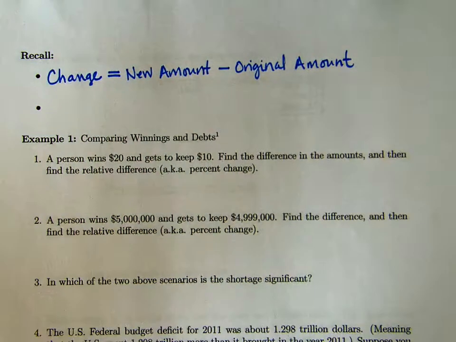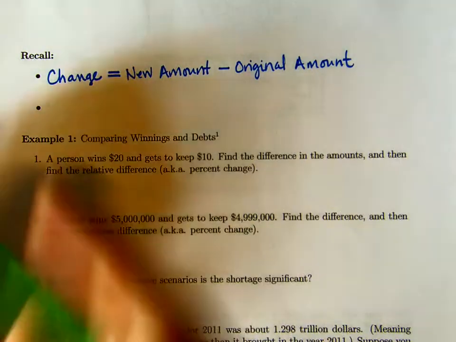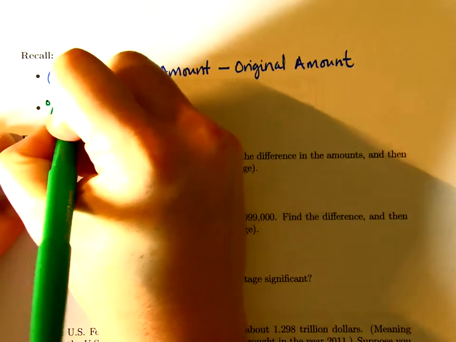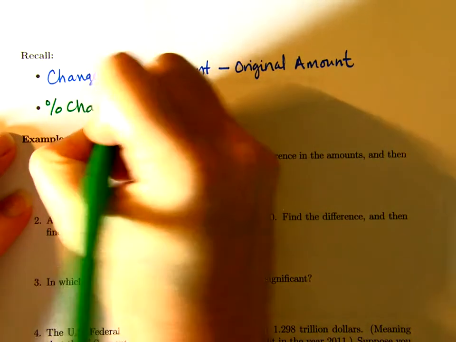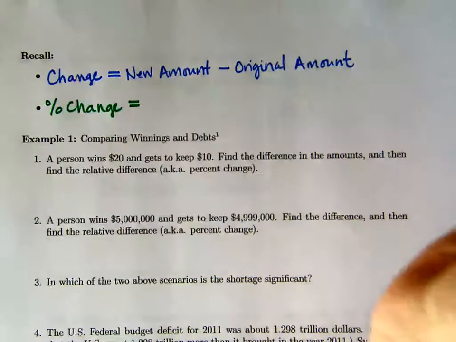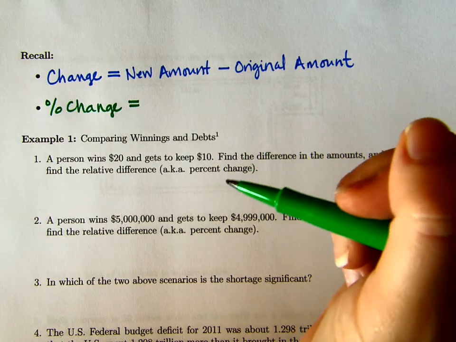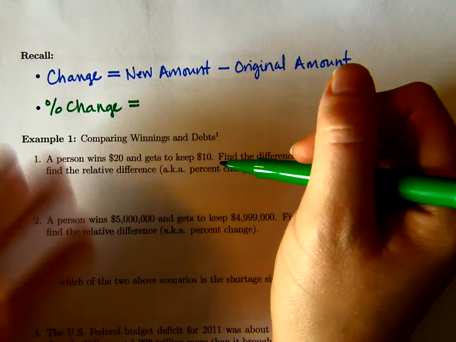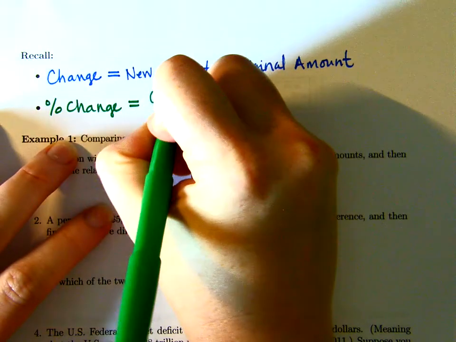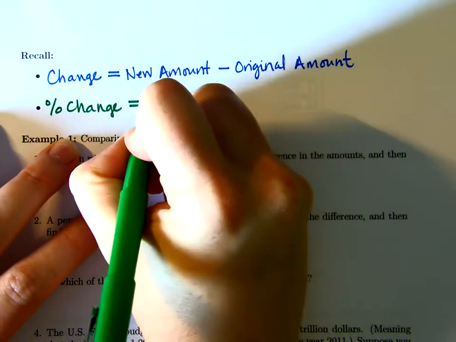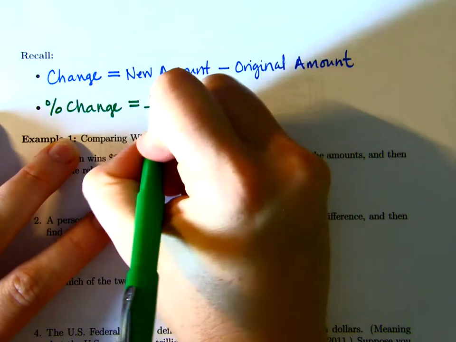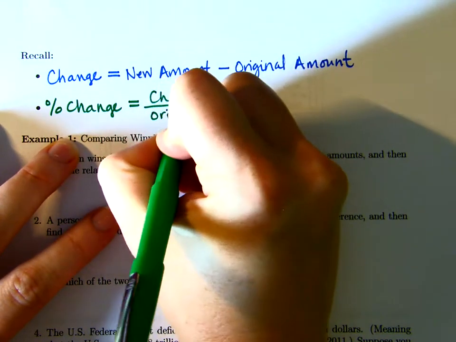And then percent change, we have also talked about. That is a ratio of the change to the original amount. Your book says this too. They write it as the ratio, the change compared to the original.